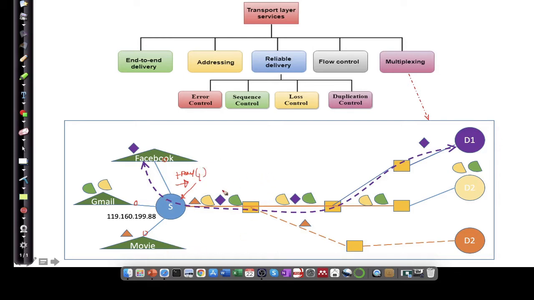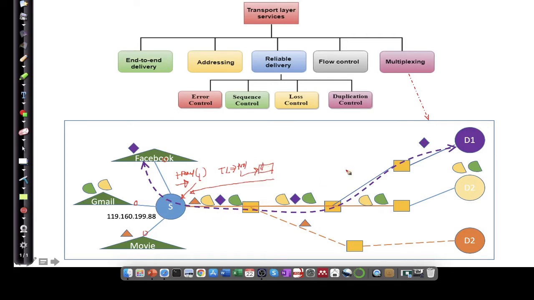Again, when a reply is received by the source from different destinations, the transport layer reads the port number and determines which application requested this received data.